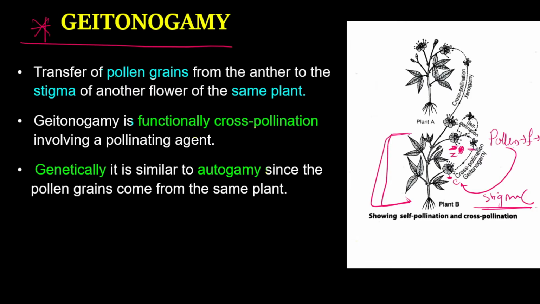As the pollinating agent comes into action here, that is the reason why we call it cross pollination. Understood what is the logic behind it?